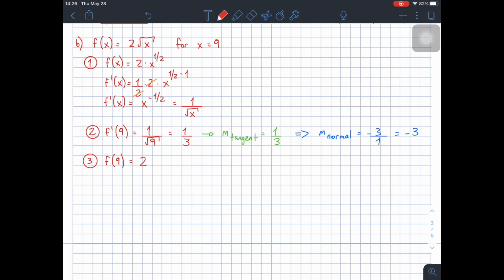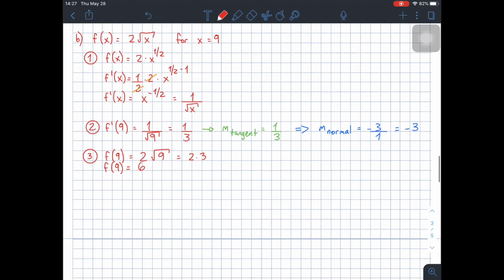This would be equal to 2 times the square root of 9. This is equal to 2 times 3. So f of 9 is equal to 6, right? So the given point has coordinates 9 in x and 6 in y.